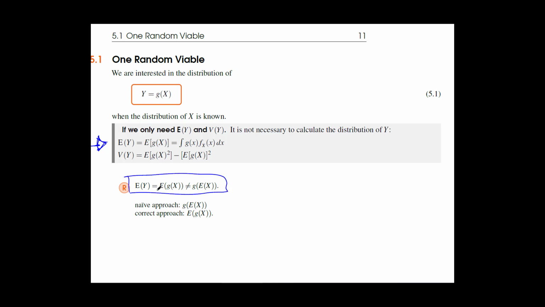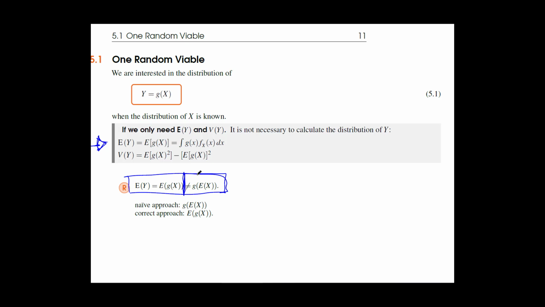So let's say you want the expected value of y. The correct thing to do is to take the expected value of g of x, because y is g of x. But what most people like to do is this last equality here, which is evaluating g at the expected value of x.